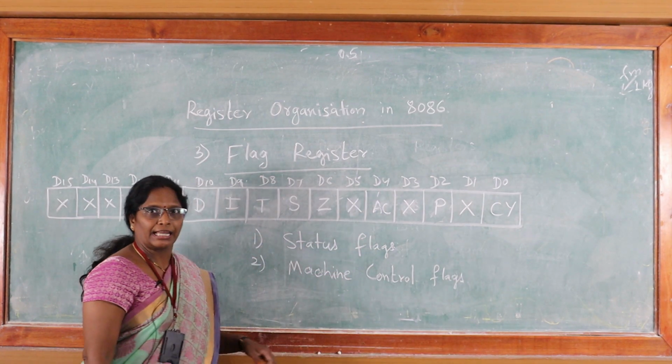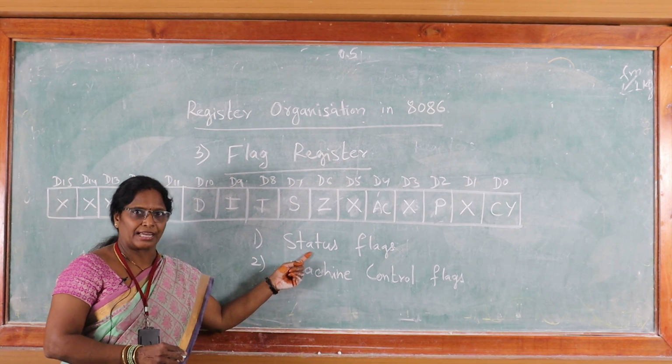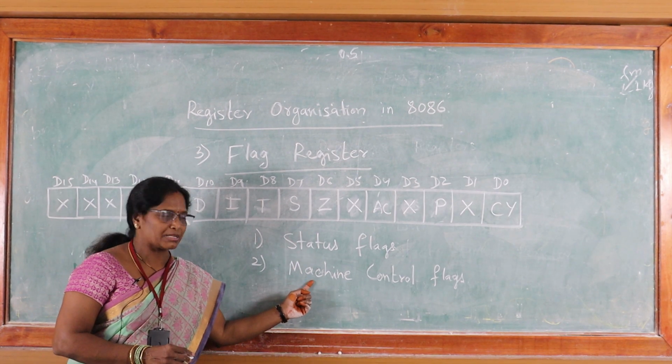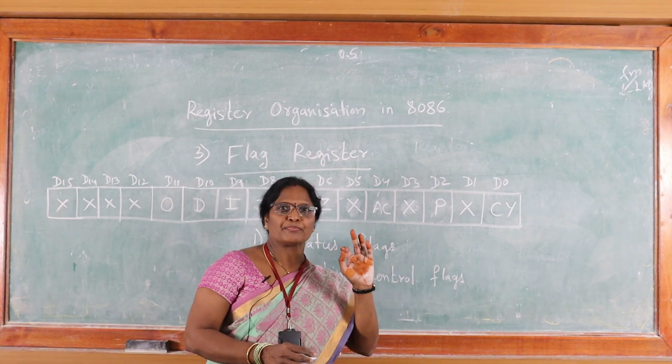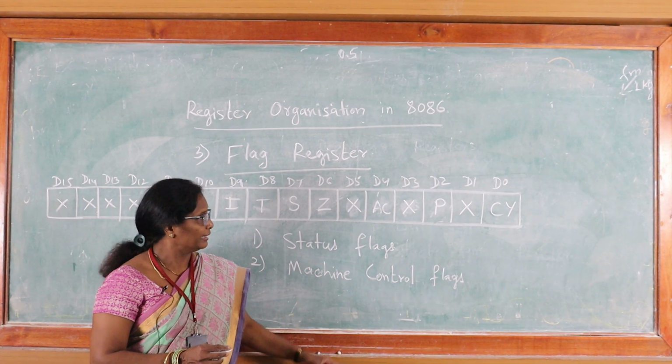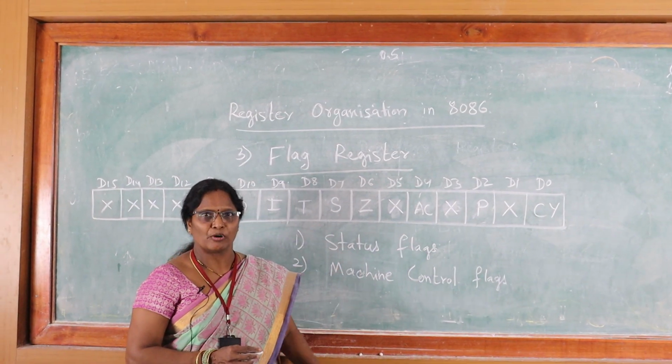Out of these 9 flags, 6 flags are known as status flags and 3 flags are known as machine control flags. So what is the meaning of status flags? Whenever the processor is performing any operation, these flags become set or reset. It shows the status of the operation.